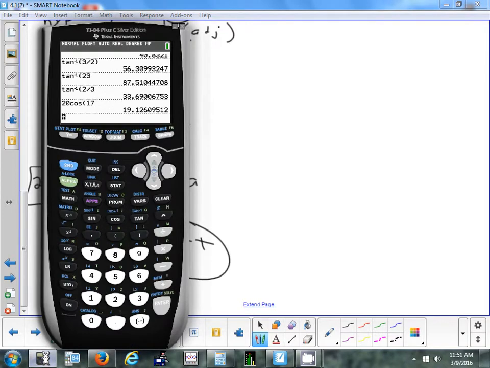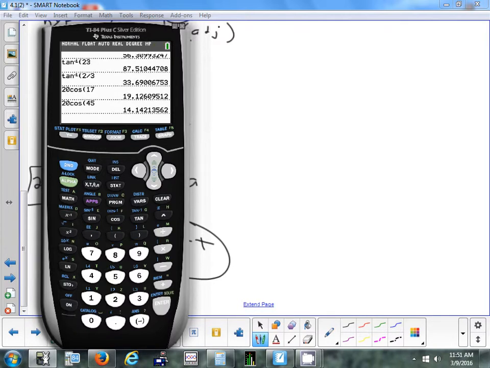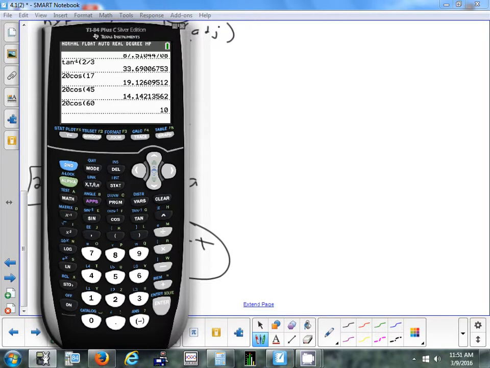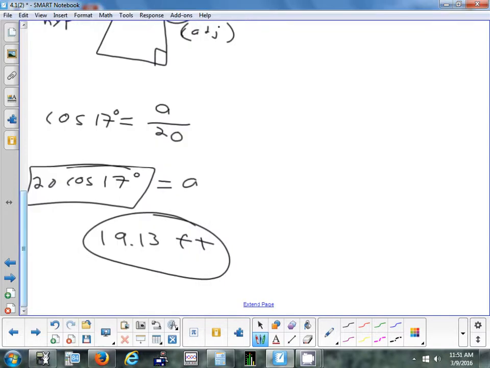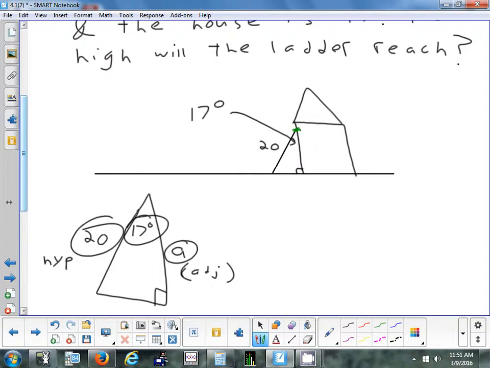But if you actually try typing that in, if you put the ladder at a 45-degree angle, you can still reach 14 feet high. That is a good guess. It actually turns out you'd have to put the ladder at a 60-degree angle between the house and the ladder, which would not be possible in real life because it would fall. But then it would only reach 10 feet high. But 45 is a good guess.